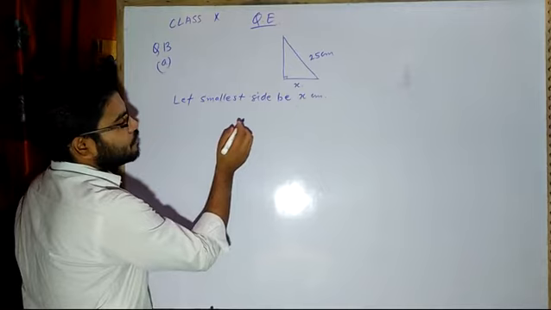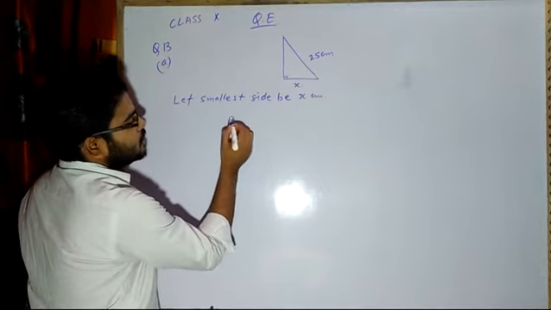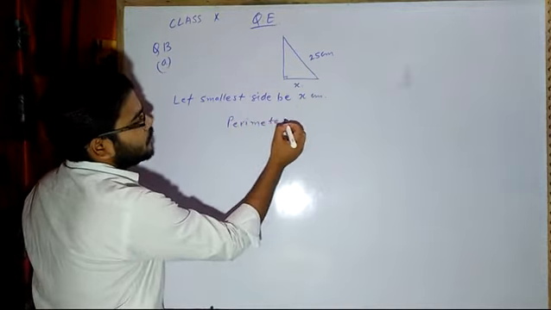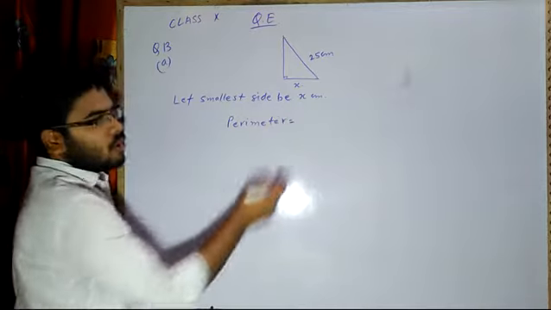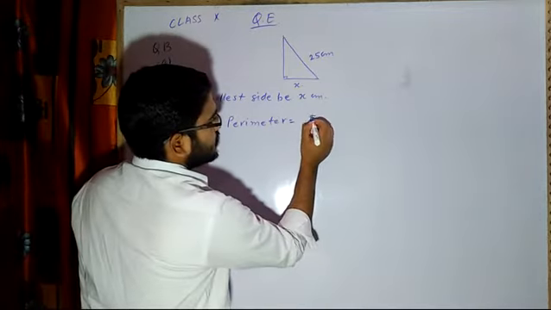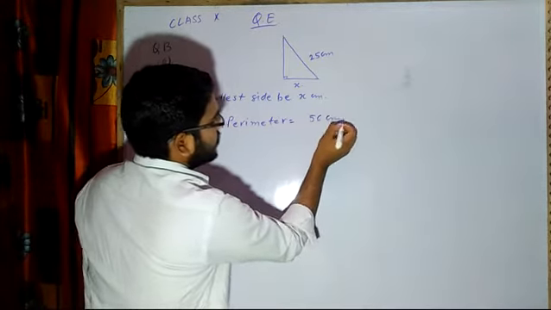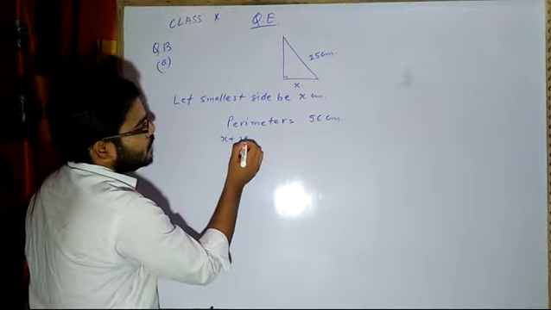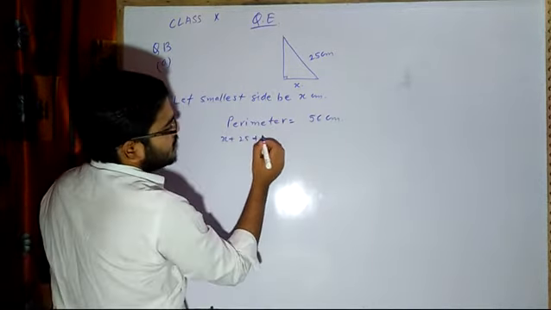If it is x centimeter, then this side will be equal to, we all know perimeter of any triangle is given as sum of all the three sides. Here it is given 56 centimeter. Now perimeter will be equal to x plus 25 plus this second side.